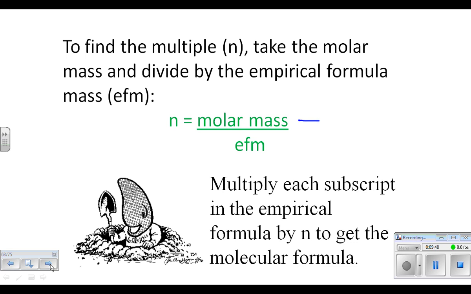I like to say this sometimes more as the molecular mass because it's the mass of the molecular formula, and divide it by the empirical formula mass, which we'll call the EFM. Once you do that, you're going to have a ratio number. That ratio number is what you multiply all of the subscripts in the empirical formula by in order to get the molecular formula.